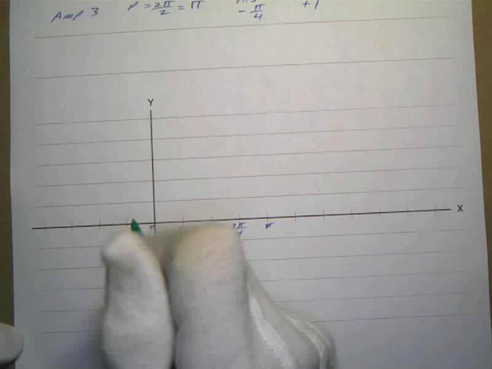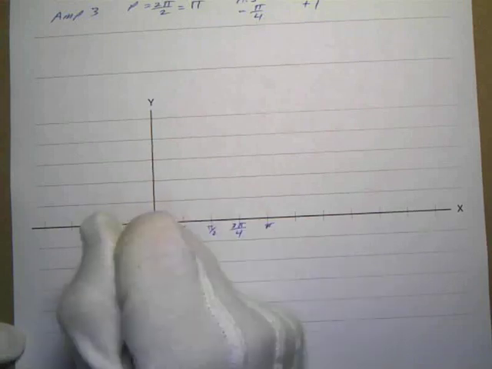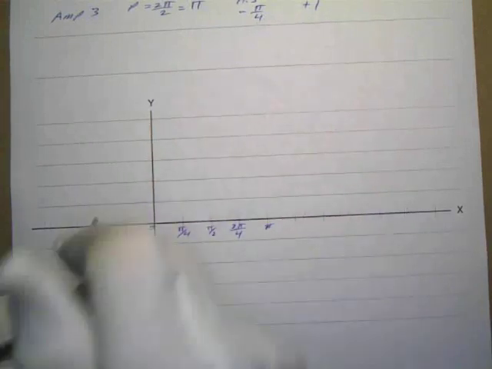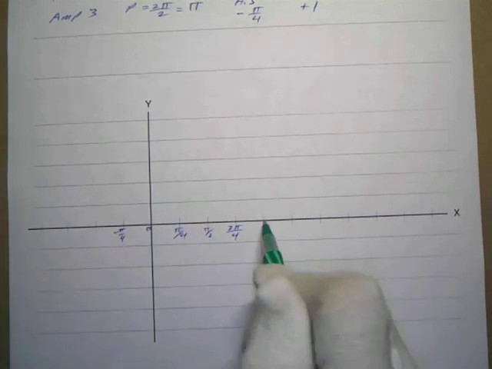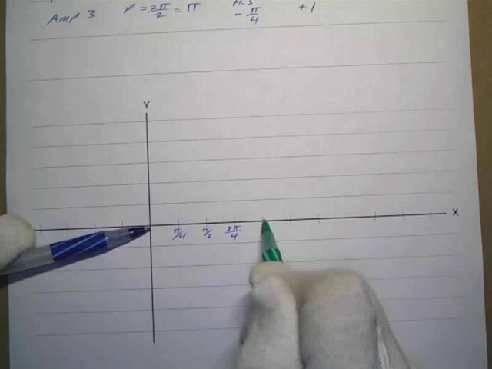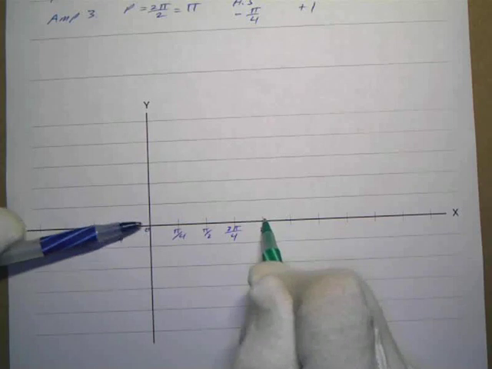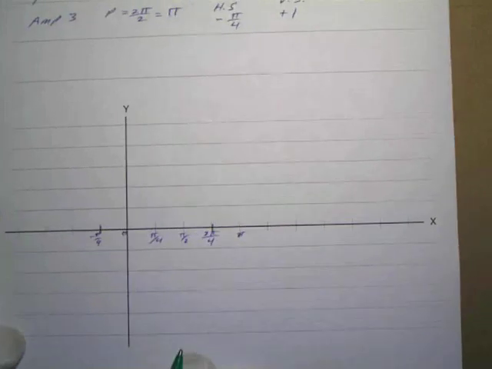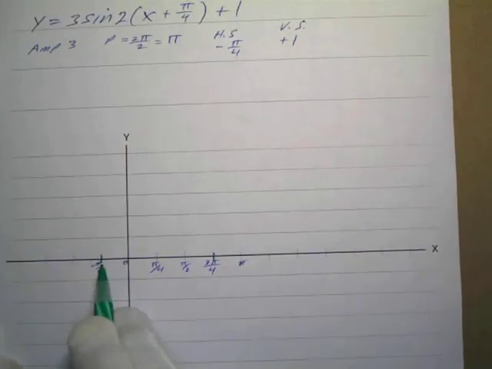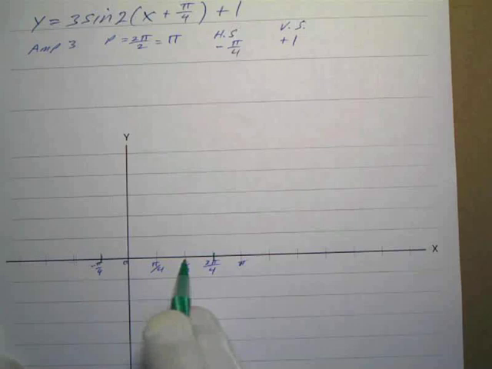So one complete cycle, this will be negative pi over 4. I'm going to start from here. So instead of going from here to here, which is pi, I'm going to move it over pi over 4 to the left and go from here to here. So I'll put some little brackets there. And these are my 5 key points. Remember we had 5 key points, or 1, 2, 3, 4, 5, or four subintervals.